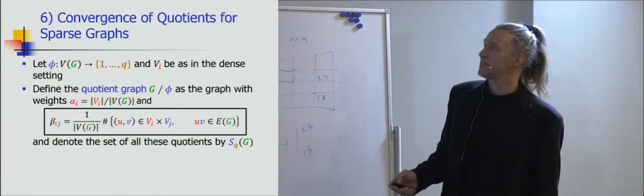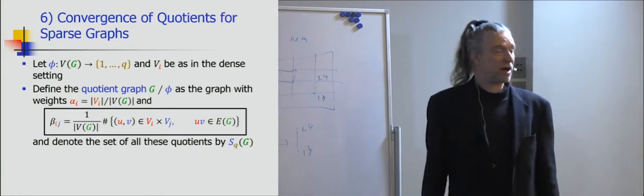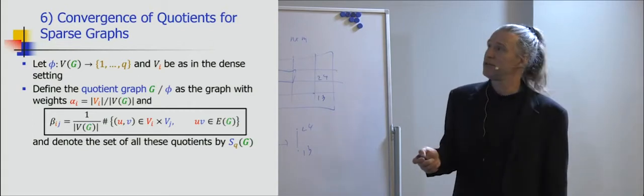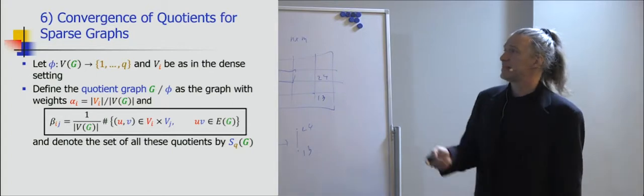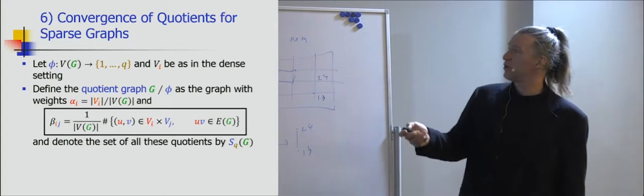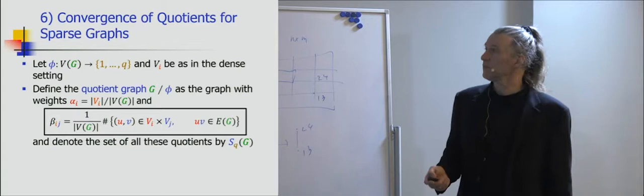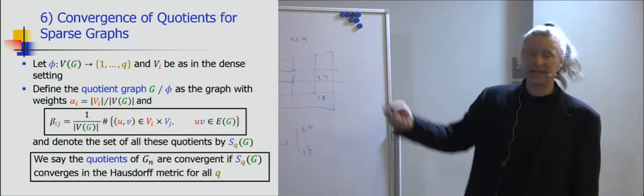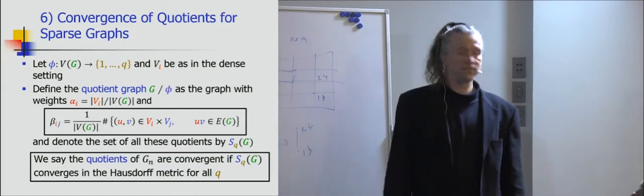I count all of them. But now, since we have bounded degree, if I divide by n squared, this would go to 0. So now I only divide by n. And the set of these quotients I again denote by SQ. And we say that the quotients converge if these sets converge in the Hausdorff distance in this sense here.